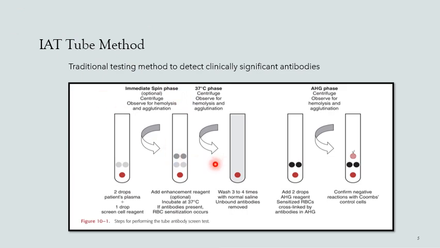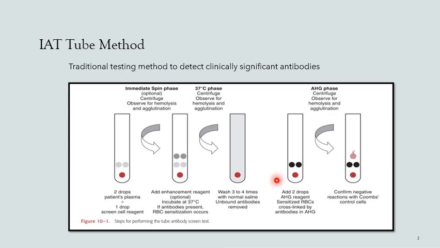So if there are no hemolysis and agglutination, we will proceed to the next step, which is washing 3 to 4 times with normal saline solution. So in this step, unbound antibodies will be removed.